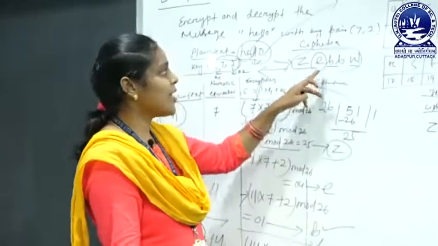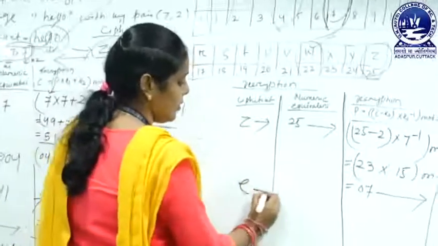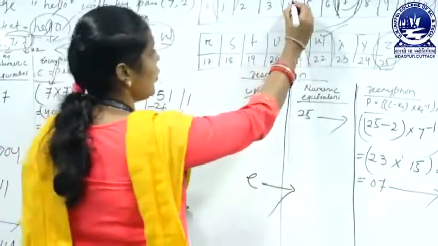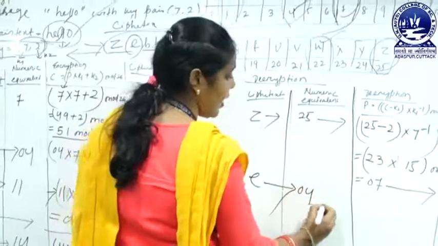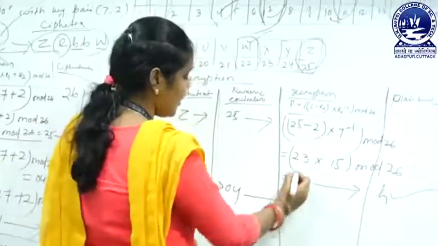Now the next alphabet of our ciphertext is E. For E the numeric equivalent is 4. Now you apply the decryption algorithm, that means C minus K2.